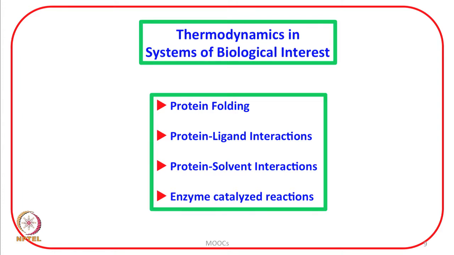Protein folding, which is how a primary sequence of amino acids takes up a unique three-dimensional functional form of a protein, is called the protein folding problem. We discussed how thermodynamics is important in this process and how the use of calorimetry has given important information on the forces which hold the three-dimensional structure of the protein intact.